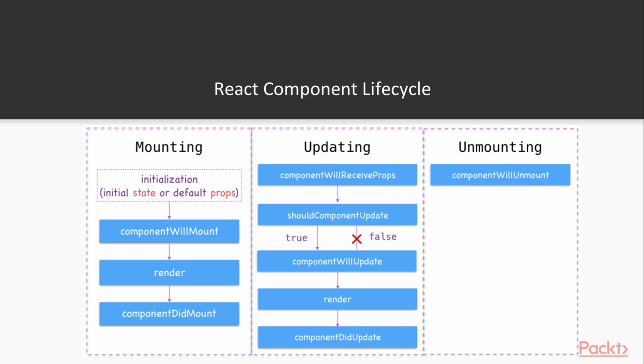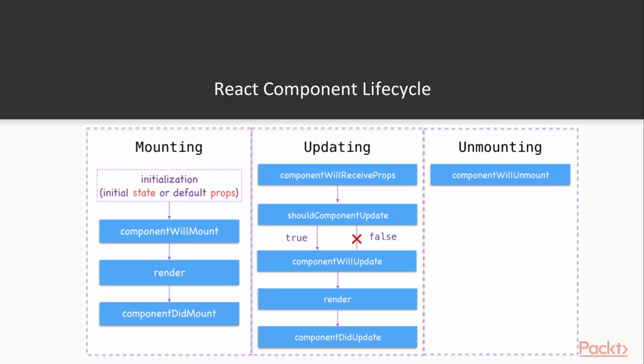This method can be used to check that and return a boolean value whether to update or not. After that we have component will update that will be called just before the new re-rendering happens. Finally, we have the render method and component did update if there is something that we want to do after the component has been updated.